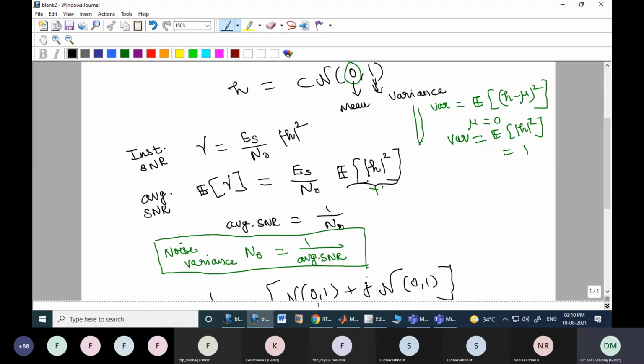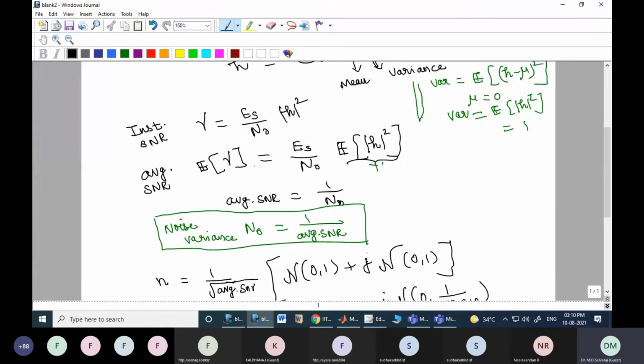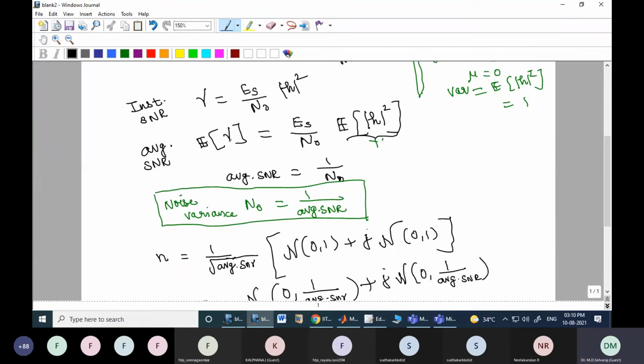Now instantaneous SNR and average SNR, I'm just going to correlate them. Gamma is the instantaneous SNR, Es by n naught times mod of h square. I'm finding the average SNR because the average SNR is the one I'm using in the programming. So the average SNR is equal to the expectation of gamma. This operator is expectation, which means averaging.